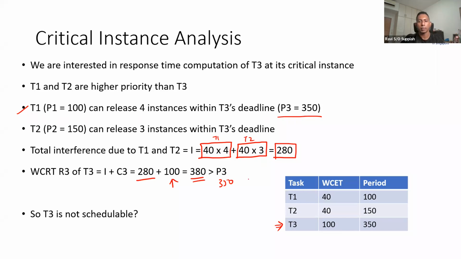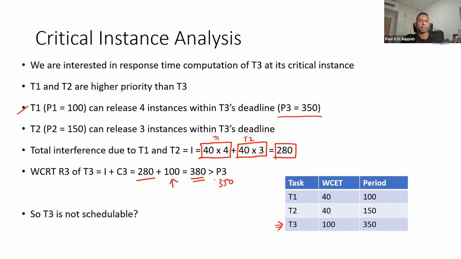So it seems that task 3 is not schedulable, because of the interference from task 1 and task 2, which are higher priority, within that deadline.